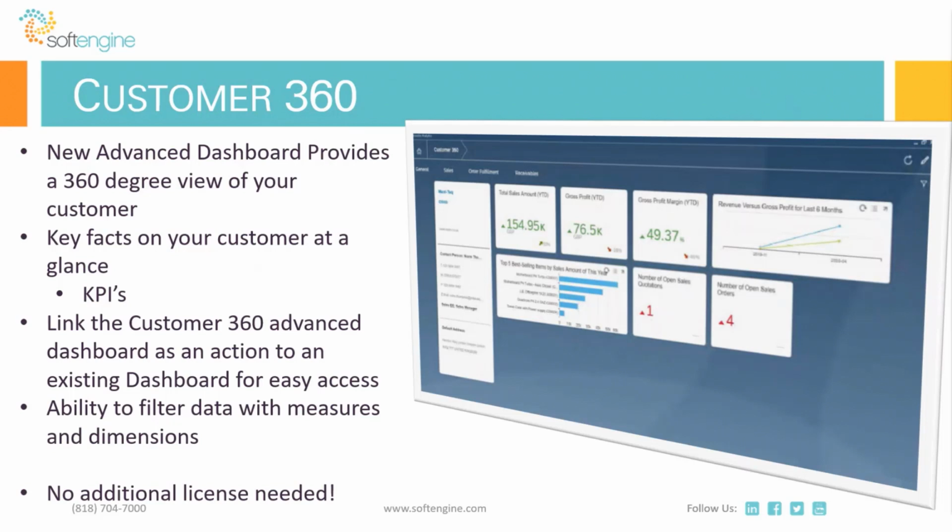Here you get a 360-degree view of your customer. You can see it isn't just one screen, but rather a collection of multiple tabs, including general, sales, order fulfillment, and receivables. Users get a broad and deep look at the customer instead of having to scroll up and down the page or switching modules to look for the information.